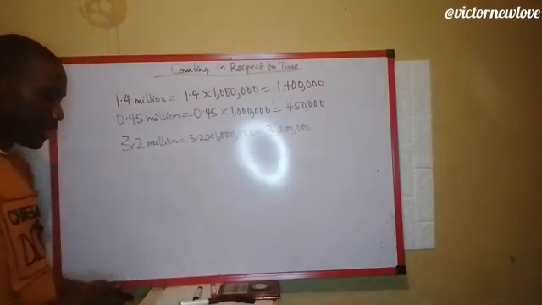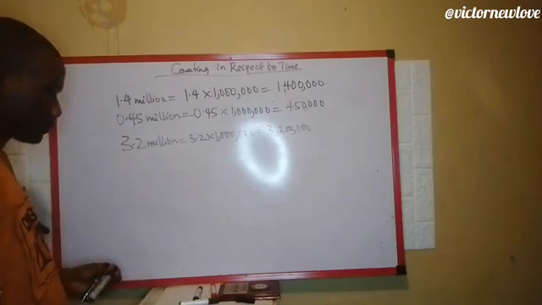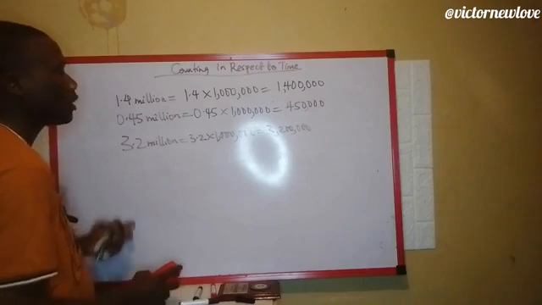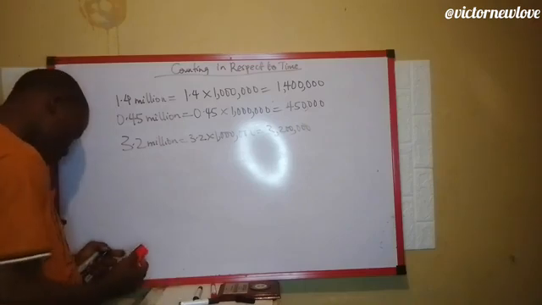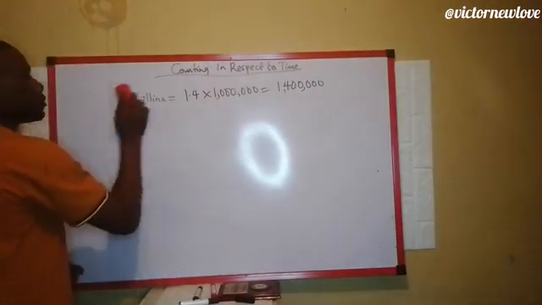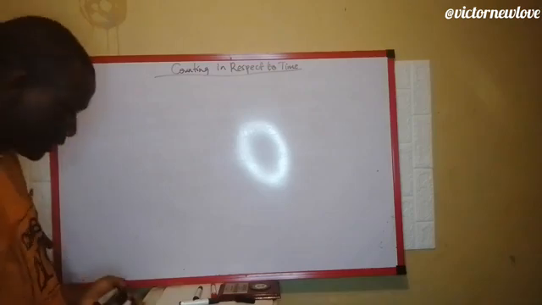So 0.45 million gives you 450,000, 1.4 million will give you 1,400,000, and 3.2 million will give you 3,200,000. Take note of these points.